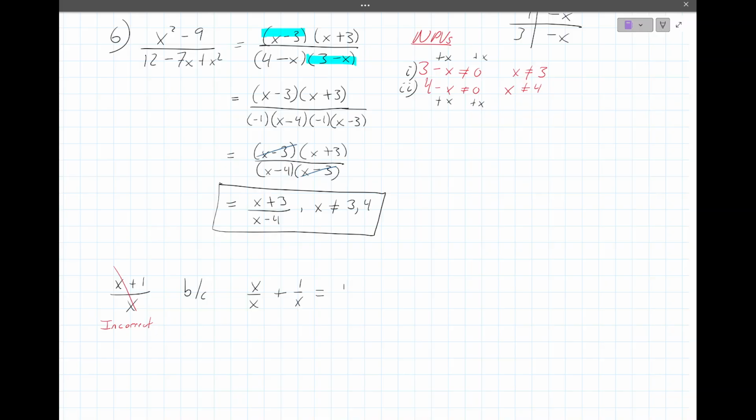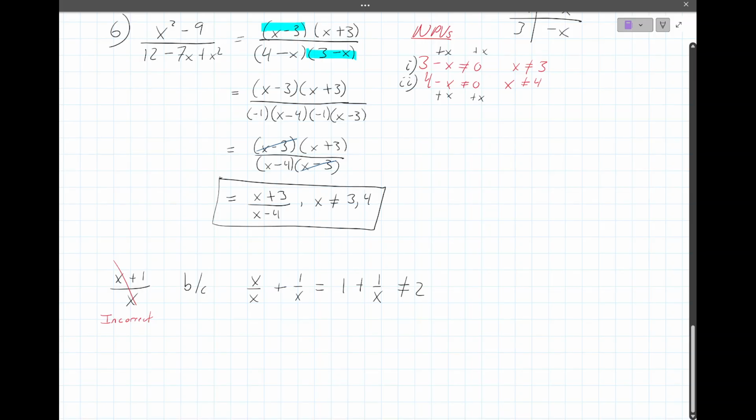What we really have is 1 plus 1 over x, right? But if you did it this way, what you'd have is 2, right? So think about, let's actually, you know what? I'm going to stop here, and I'm just going to go back and do common errors as its own video, just so that we're really clear and sure what's going on.